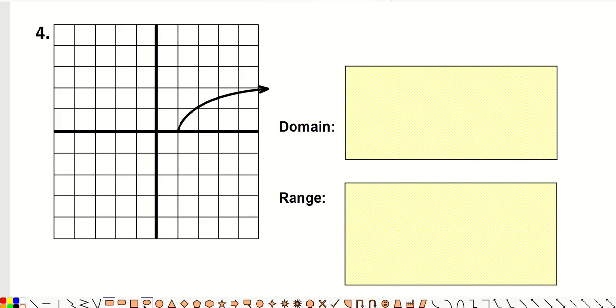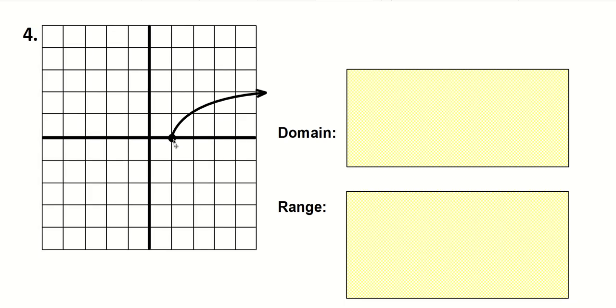In fact, you might even see sometimes an actual point that's clearly shown, because this graph is starting right there, and then it's going to curve like this, and it will go up forever. It's going to go to the right forever, faster. So it's going to the right at a higher rate than it's going up, but it will go to the right and up forever.